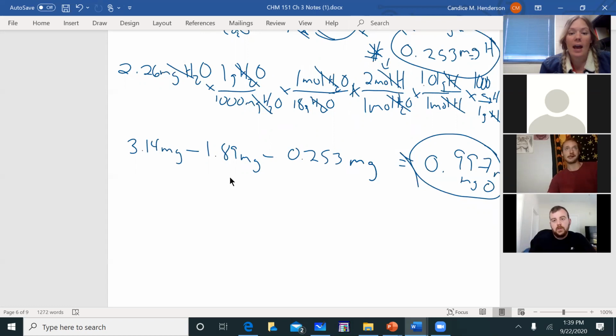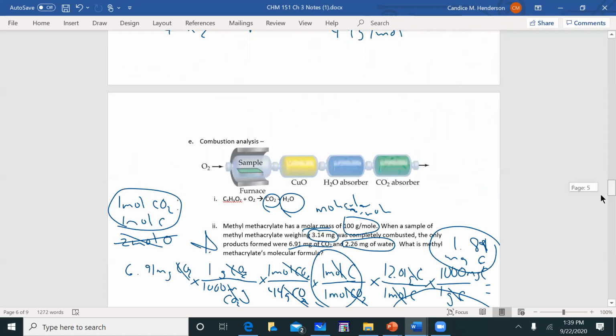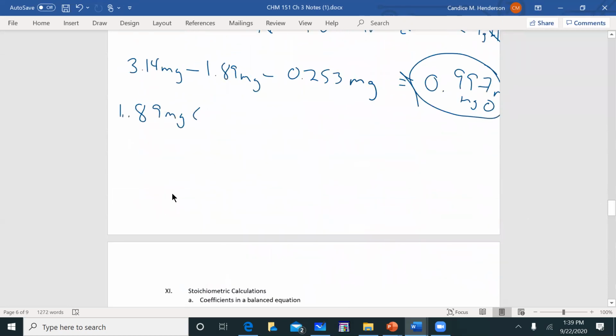So now that I have my milligrams of each, I've got 1.89 milligrams of carbon, 0.253 milligrams of hydrogen, and 0.997 milligrams of oxygen.